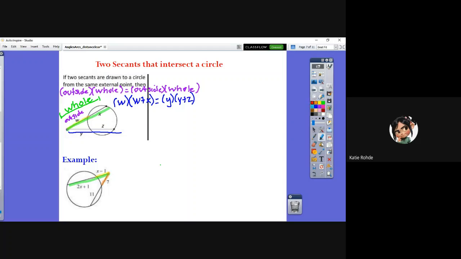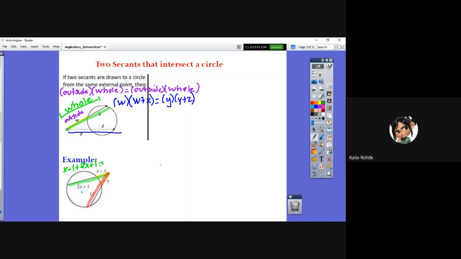Outside and my whole thing. So here, I'm going to go ahead before I even set it up and calculate what my whole thing is, because I don't want to get messed up and say, okay, well, it's x minus 1 times 2x plus 1. My whole thing here is x minus 1 plus 2x plus 1.